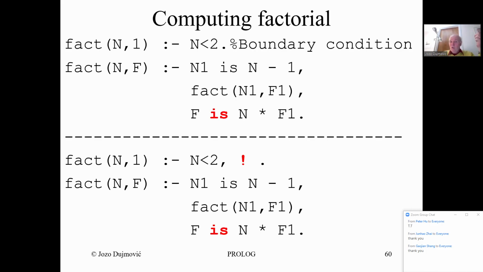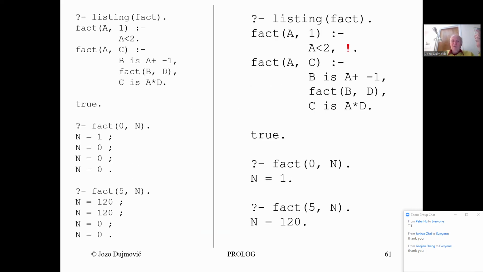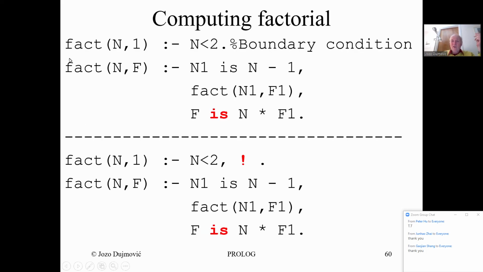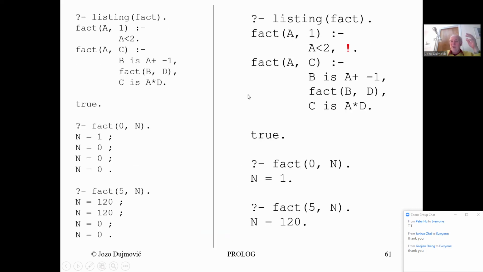Because if you don't do that, then here is what happens. First of all, if I have factorial, this one and this one, I can make the listing of that. You see that here I call this N1 and F1, etc. However, listing in SWI-Prolog is always showing the internal notation of the program. And so the variables are renamed to A, B, C, D, E, F. This is the list of variable names that are used in Prolog internally.